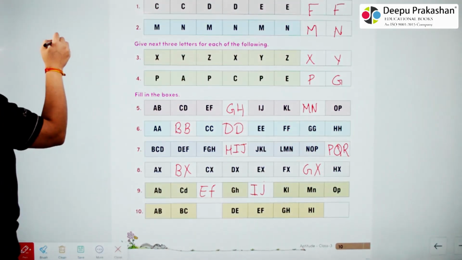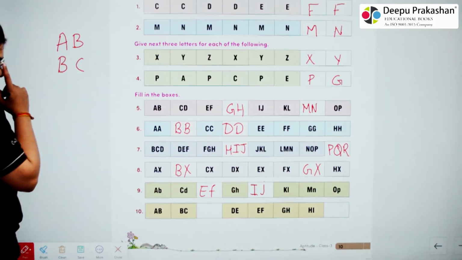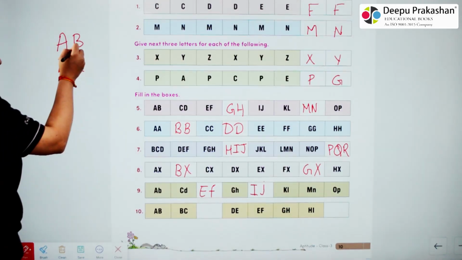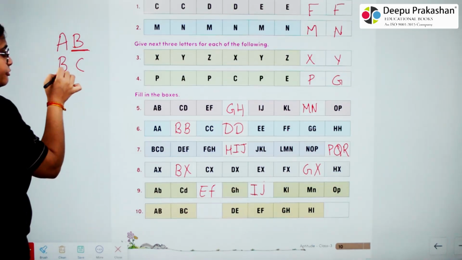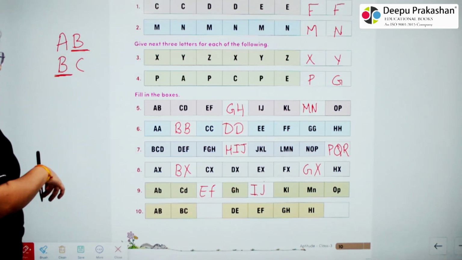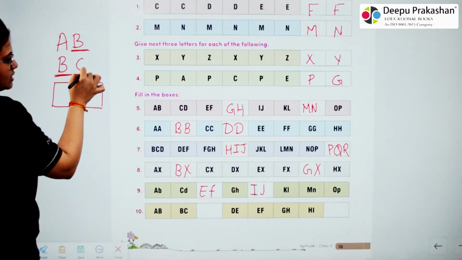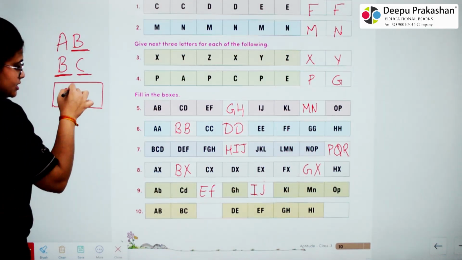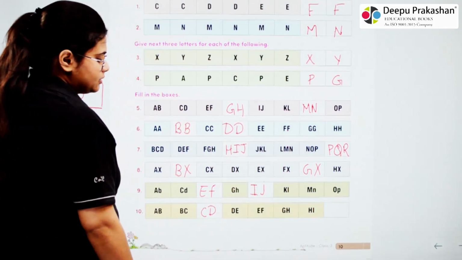So here the pattern says that if we see the first two pairs of this series, the second letter of the first pair is the same as the first letter of the second pair. So if we do the same for the missing one, C will be at the first place and the letter that comes after C, that is D, will be on second place. So our answer for the first blank is C, D.